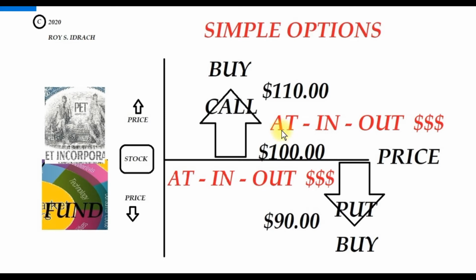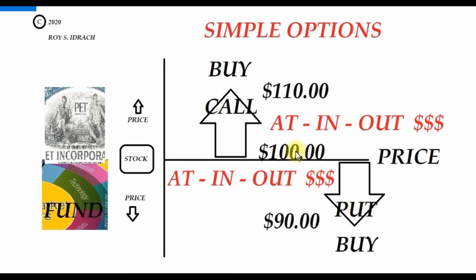So the put at 105 is in the money because the price is already below 105. Or you can buy out of the money, which is going to be maybe at $90 or lower than 100, and therefore this is out of the money. It hasn't reached 90 yet. It had to be lower than 90 for you to be in the money.